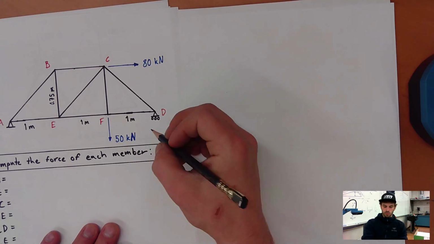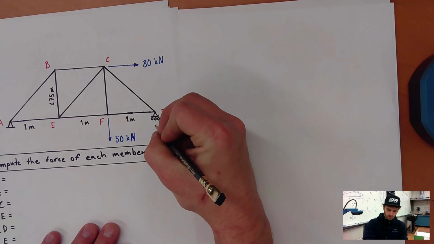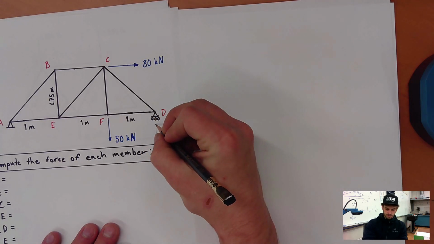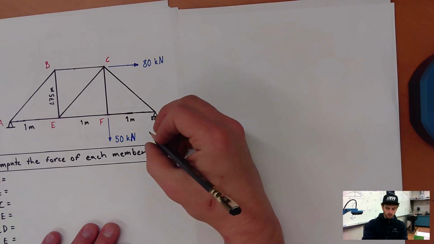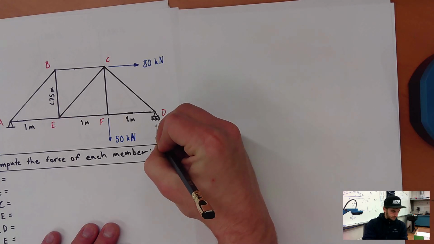We have a rolling support right here, so we are going to have an opposing arrow that is our reaction at support D. That's our RD.